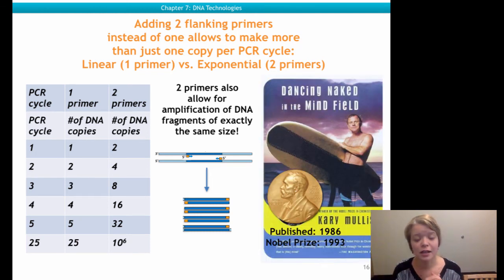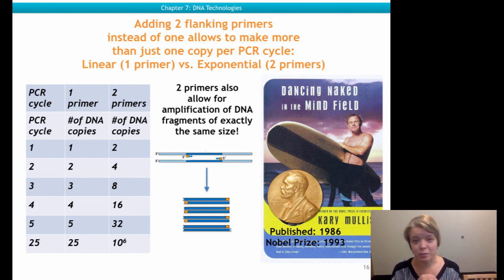All of this idea of using two flanking primers, and also using a thermostable DNA polymerase, Taq, which was discovered by other people, was put together by Kary Mullis, who was a research scientist for the Cetus company in San Francisco.